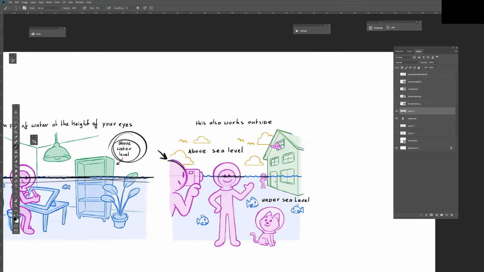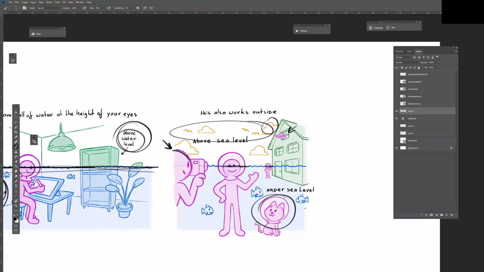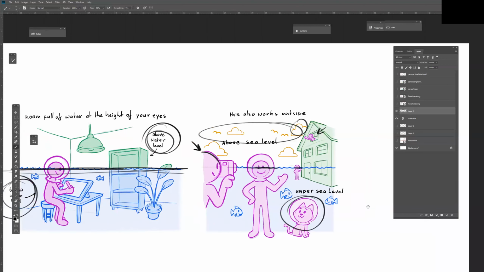This person is looking at us from the top of a building. So he's higher than us, so he will be above the water, the same as the birds and the clouds. But this cat is lower than us, so it's under the sea level or water level, and it's under the eye level as well.